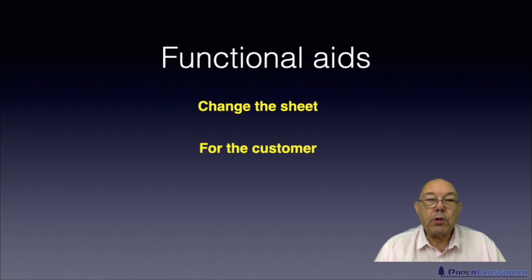Now, a functional aid is there for the customer. A customer demands something or requests something in the specification, and we add something to the sheet to make it do what the customer wants it to do. So functional aids are for the customer and they change the sheet.